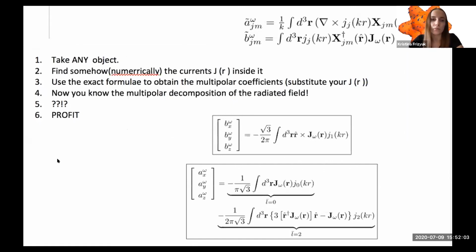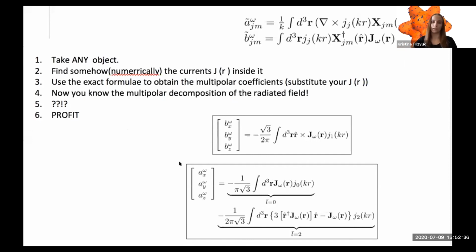Then you can find currents inside it. For example, in most cases, you can find them numerically with COMSOL. And then, if you have currents, you can use the exact formula and substitute your currents here. After this, you just obtain the contribution of each particular multipole into the scattering field.